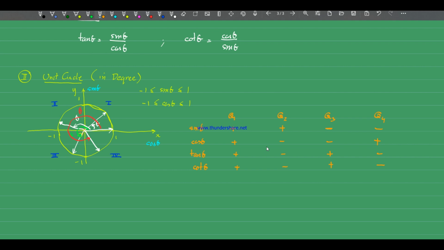Now, other than this, we also can get some values for special angles of each trigonometry ratio.